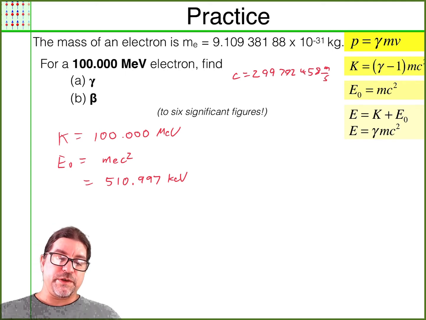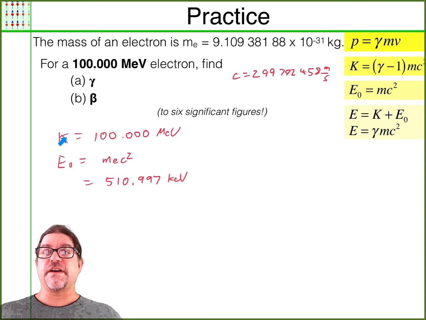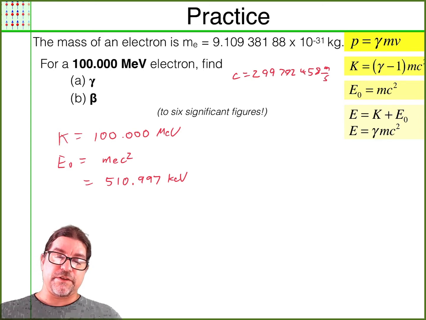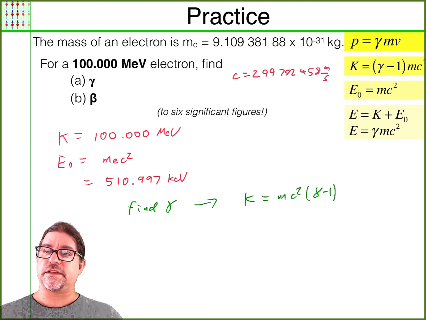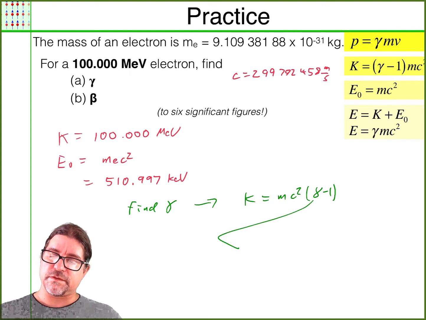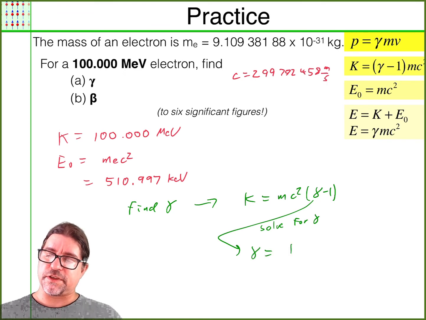We know its kinetic energy, so we should be able to find gamma from that. To find gamma, we use that the kinetic energy is equal to mc squared times gamma minus 1. Solving for gamma, we get that gamma is equal to the kinetic energy over mc squared, plus 1.